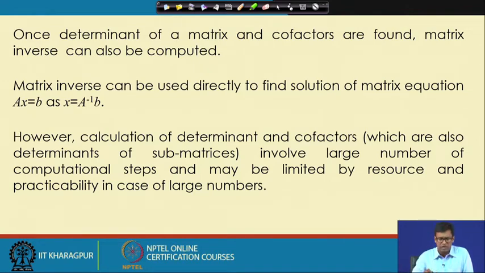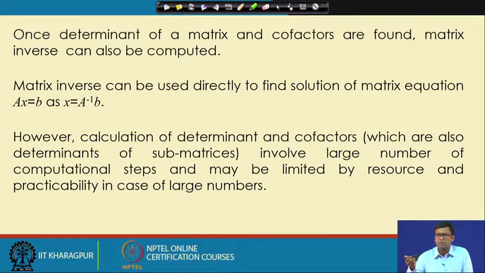So, it involves a large number of computational steps, multiplication of so many numbers, finding a number of determinants and adding them up after multiplying with the row elements. This needs a very large number of computations, and sometimes it may be limited by practicability or resources.